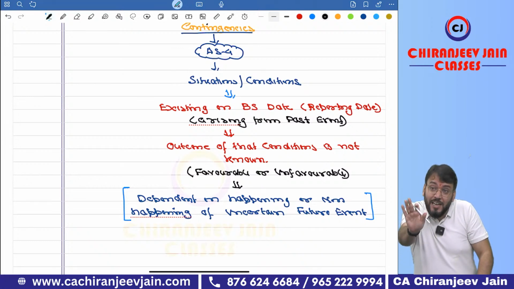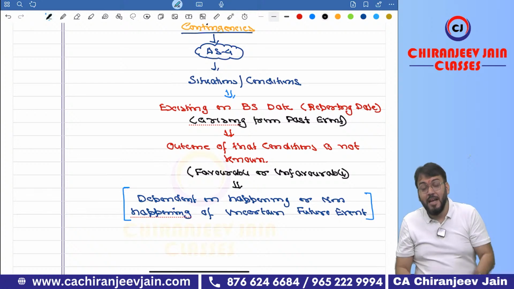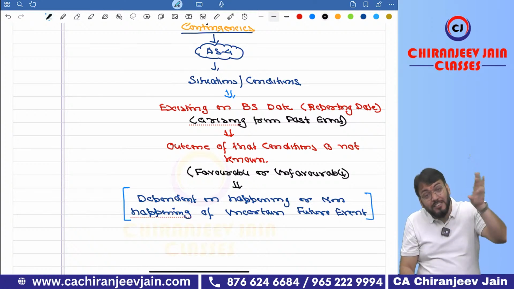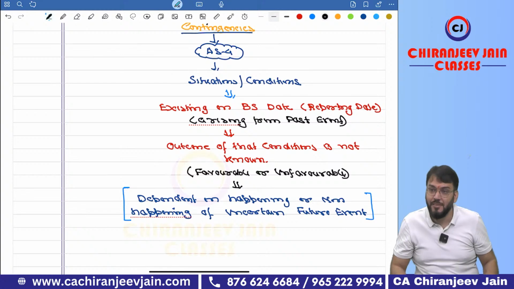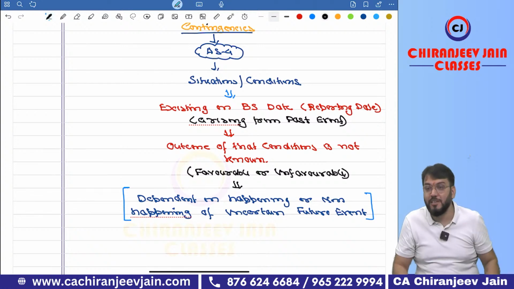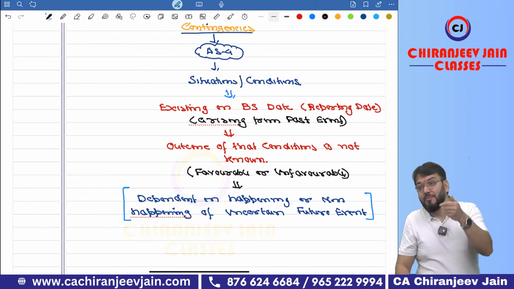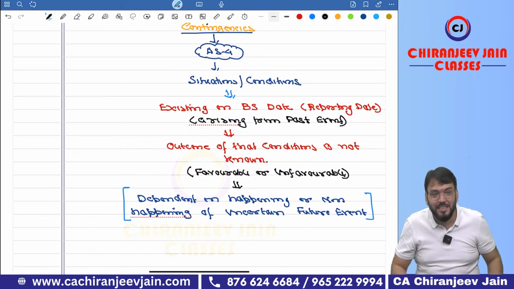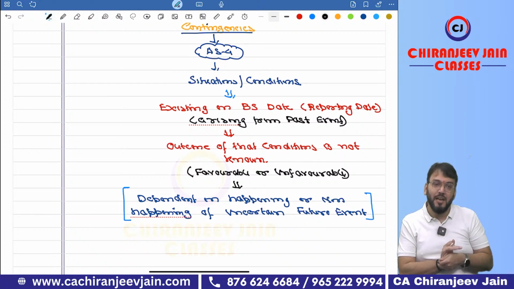We know about the condition, and it already arises due to a past event. The past event has already occurred, but the outcome will depend upon an uncertain future event, and that outcome can be favorable or unfavorable. Understood?